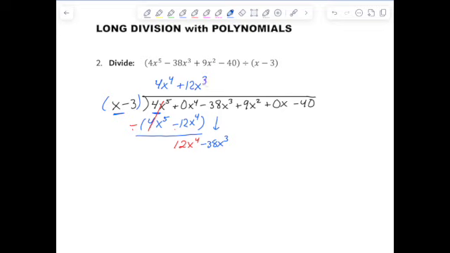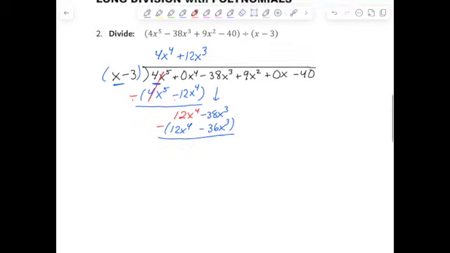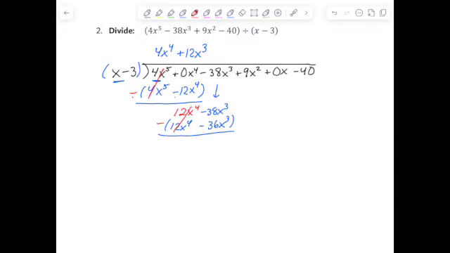And now you multiply back through times your divisor, so that's 12x to the 4th minus 36x cubed. And now you subtract. Those 12x to the 4ths cancel each other out. Negative 38x cubed minus negative 36, so that's plus 36. That will give you negative 2x cubed. Bring down what's next in line.